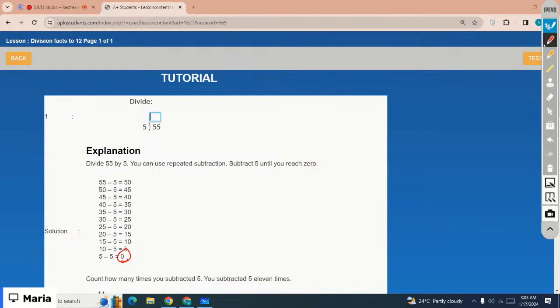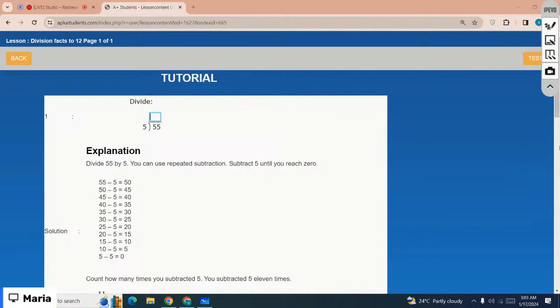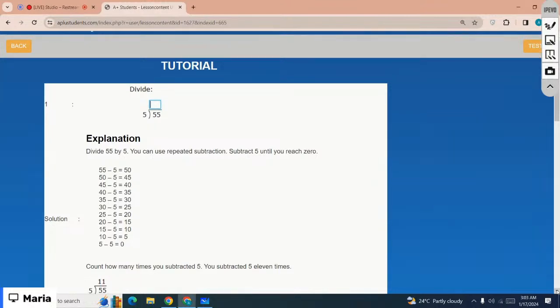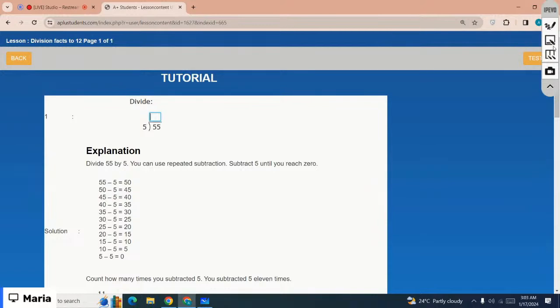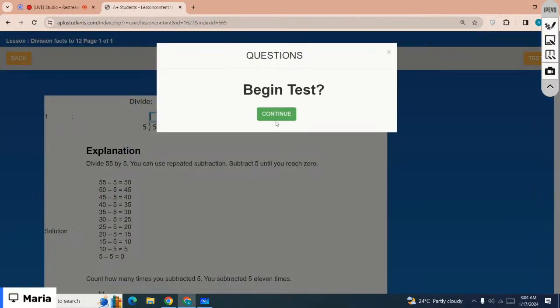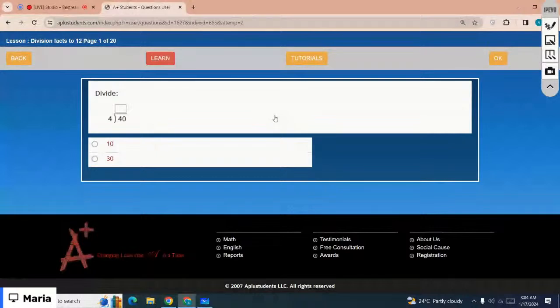See, the number is 55. You subtracted 5 11 times, right? It's a bit long procedure. So that's why we use the concept of division. Division is simply the opposite of multiplication, right? You have to read the times table to find your answer.